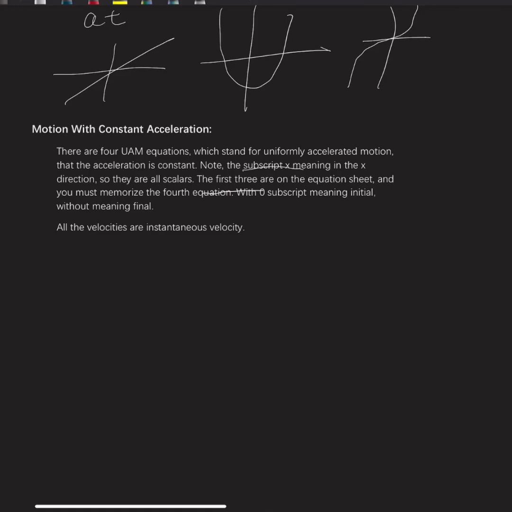The first one is the velocity in the x direction is equal to the initial velocity in the x direction plus the acceleration in the x direction times time.